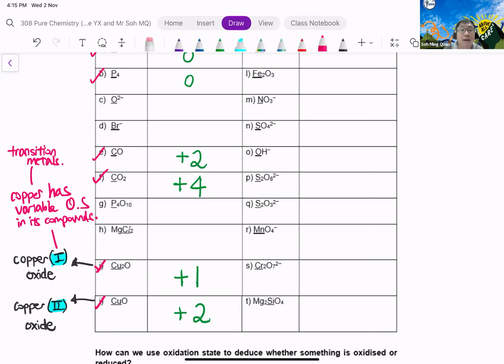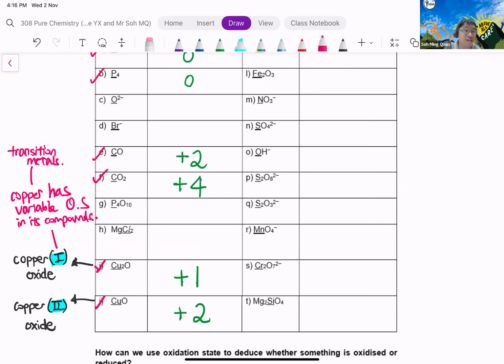So what does this 1 and 2 mean? Many students are always confused. They think that 1 and 2 means the number of copper. No, it's not the number of copper. Copper 1 oxide actually has 2 coppers inside. So the 1 and 2 has nothing to do with the number of copper.